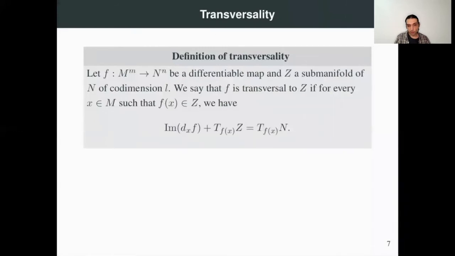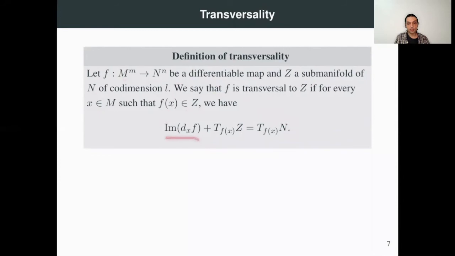So we use this idea to define properly transversality. Let F be a differentiable map and C a submanifold of the target space of codimension L. And we say that F is transversal to C if for every point X in the domain such that the image is in C, then we have the condition that we just introduced.